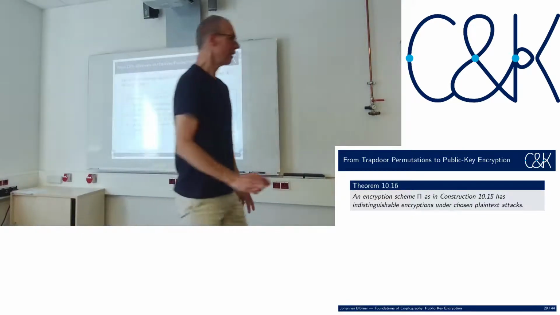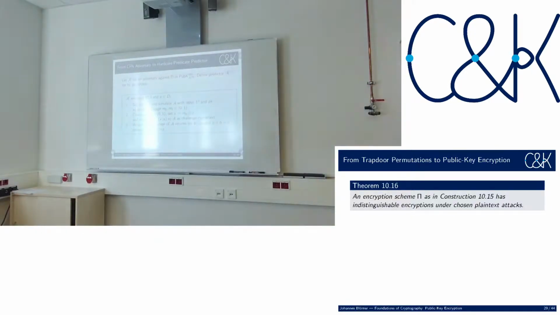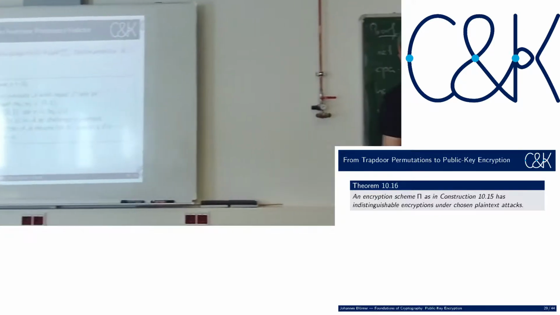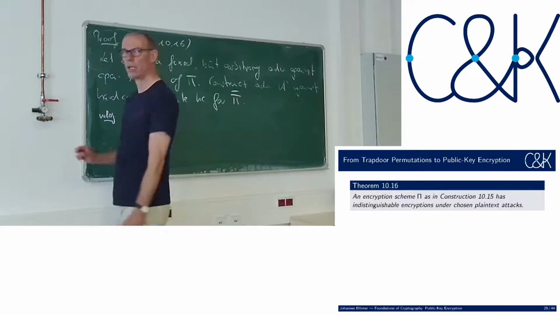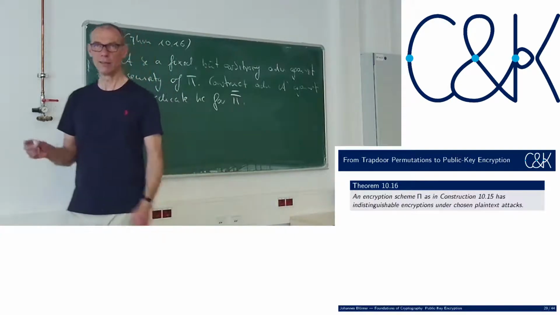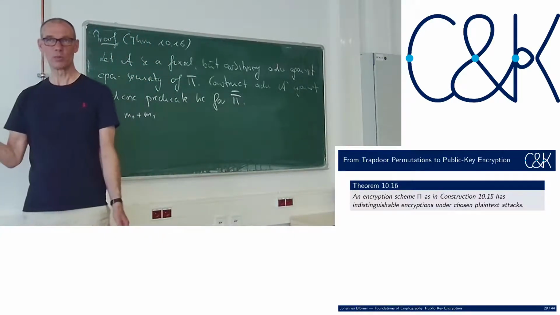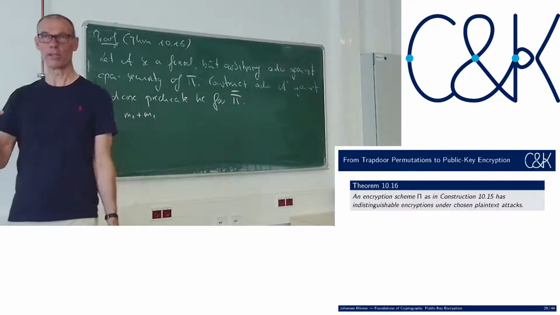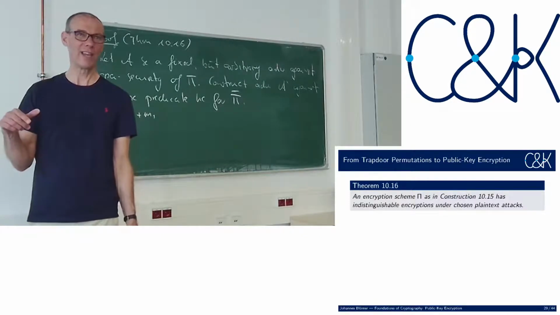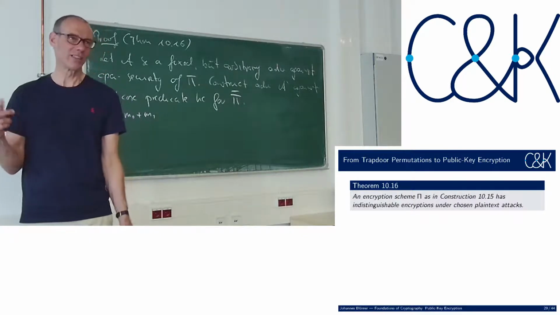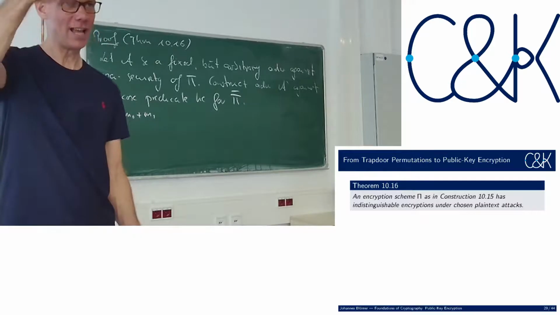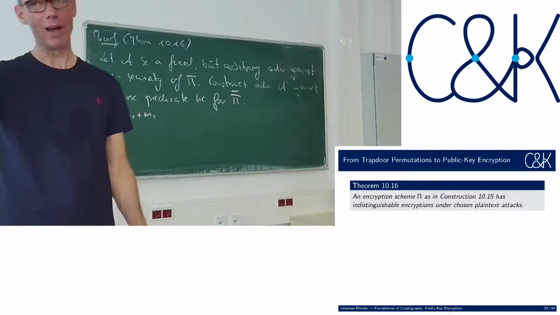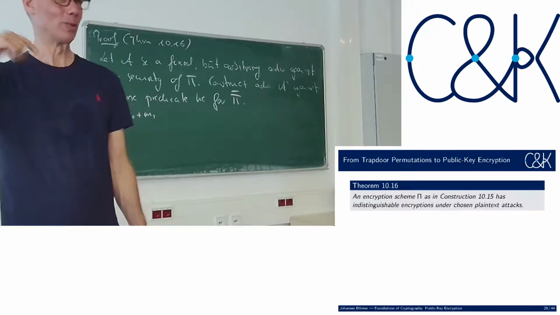Without loss of generality, I assume M0 is not equal to M1, because A has to distinguish between encryptions of M0 and M1. If they are the same, there is nothing to distinguish. If you want to be successful with probability larger than 1/2, you better choose M0 to be different from M1.